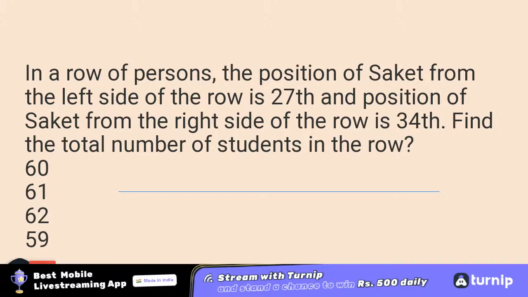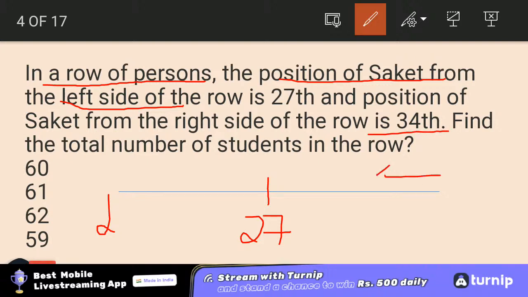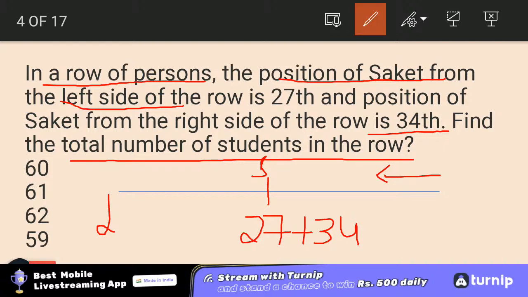See, in a row of persons, this is the left side, and the position of Saket is 27th from left. And the same Saket is 34th from the right side. So the question is saying, how many students are there in the row?